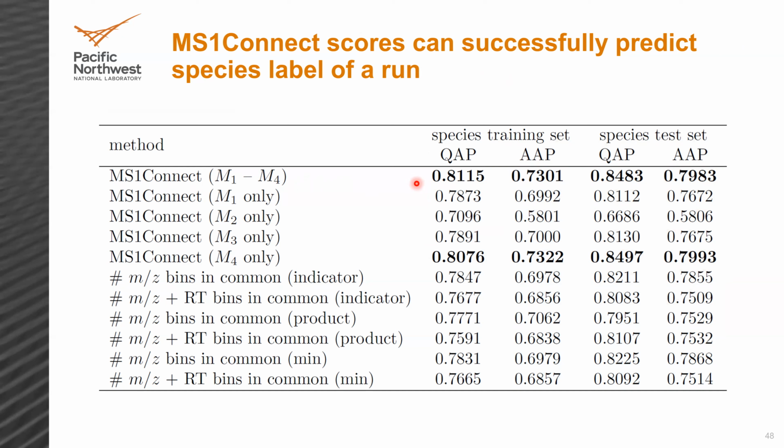So the first thing to note is that MS1Connect outperforms all of the baselines for both the data sets across both performance metrics. In addition, we see that there's 2 methods, this first line and the second version of MS1Connect, that both incorporate M4, which remember is the supermodular version. Both of those outperform the modular versions. So this just indicates that the supermodularity, this M4 term, is really important for getting good performance.